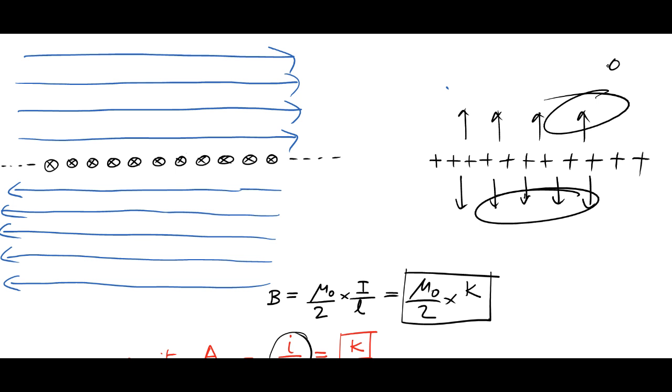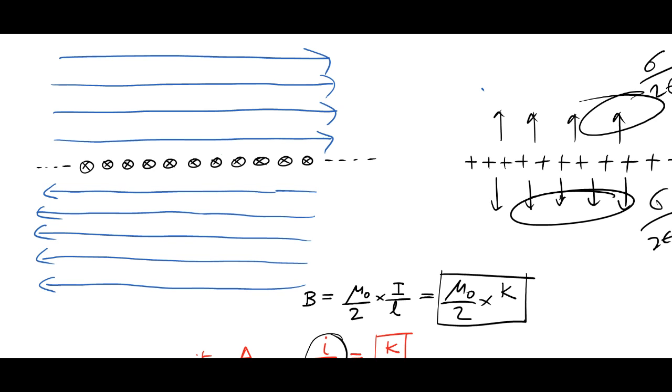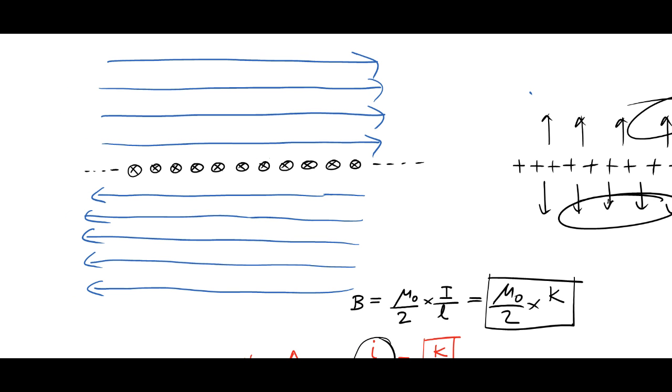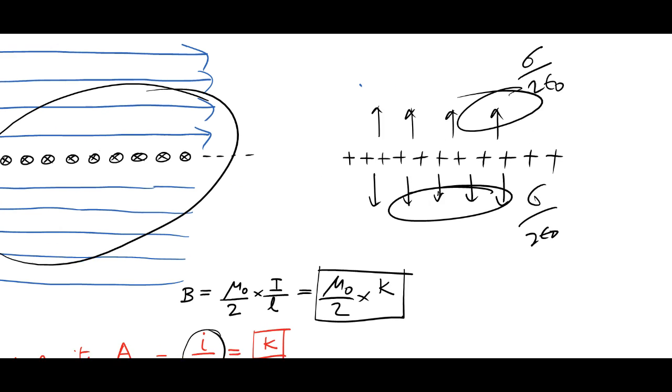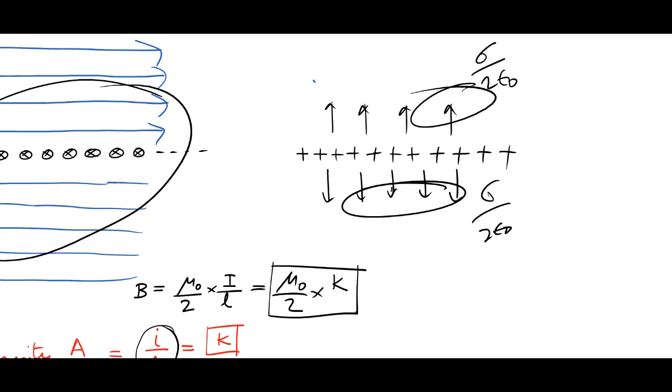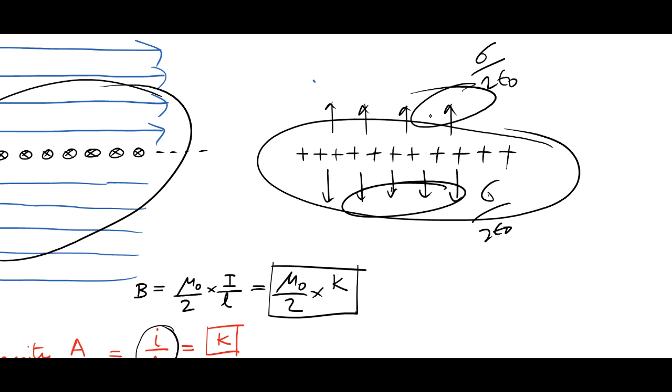And the value of the field we know to be sigma divided by twice epsilon naught here as well as here. In other words, an infinite plane of uniformly distributed current, this particular configuration of current in magnetism, is analogous to an infinite plane of uniformly distributed charge in electrostatics. The formulae look very, very similar.